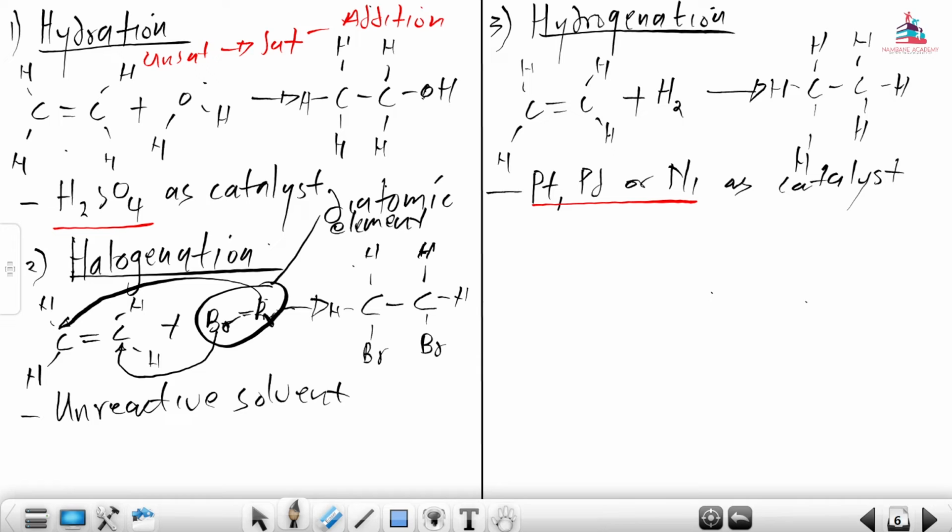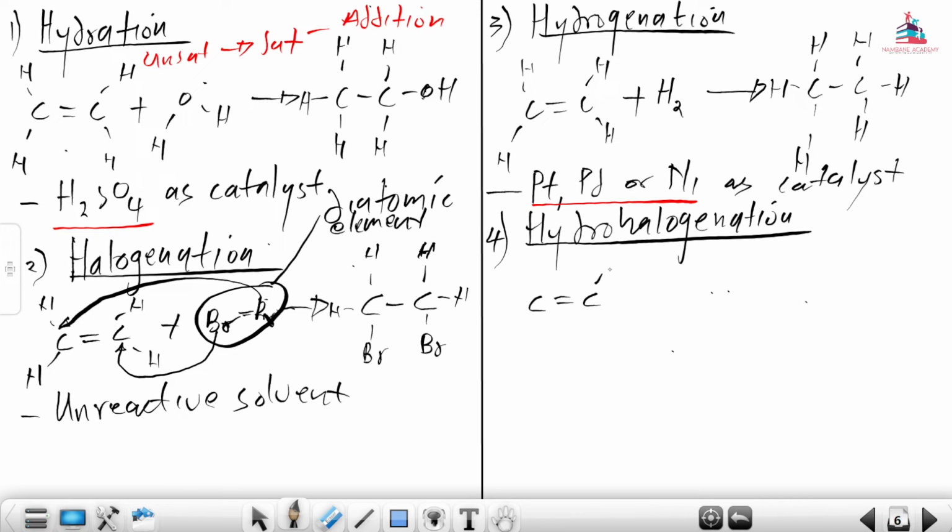So let's move to the fourth one, which is now hydrohalogenation. Where do we start? We start with a double bond. What do we add? We said we add hydrogen halide. That hydrogen halide in this case can be HCl.